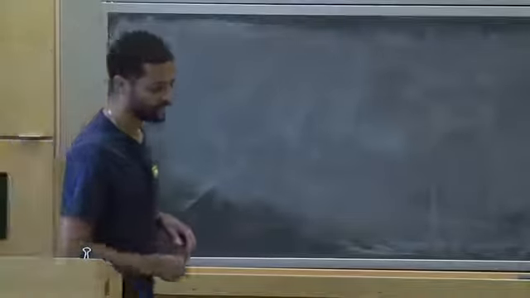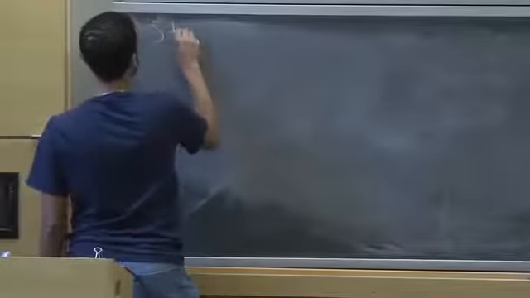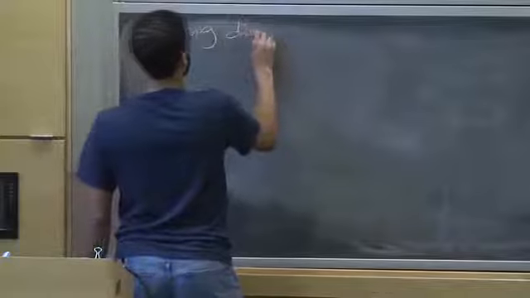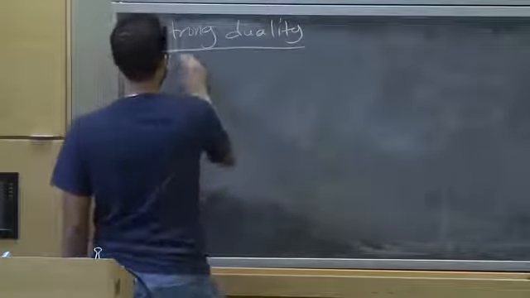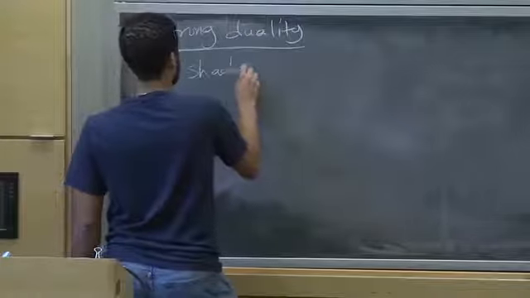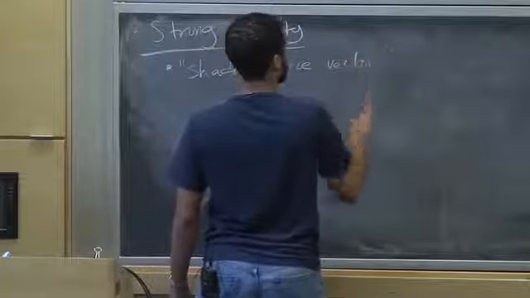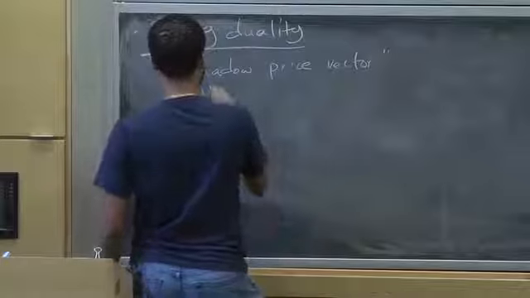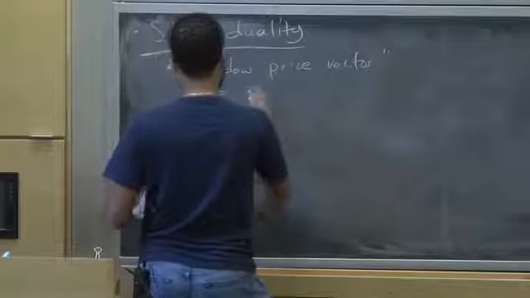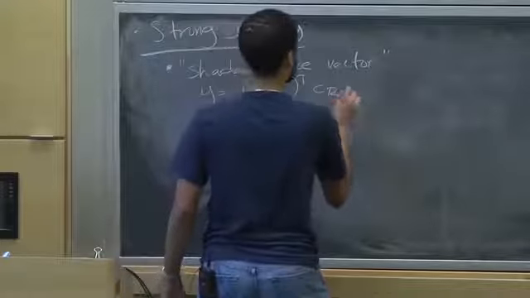To get it out of the simplex algorithm, I want to define what's called the shadow price vector. Let me call it Y, which is AB inverse transpose CB.